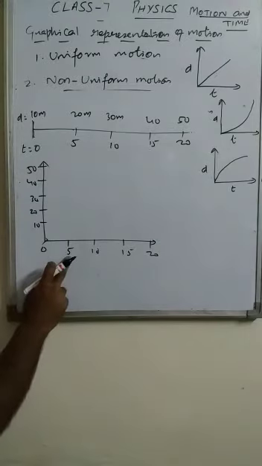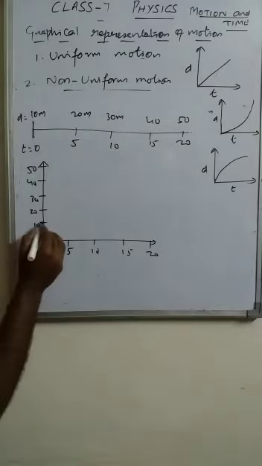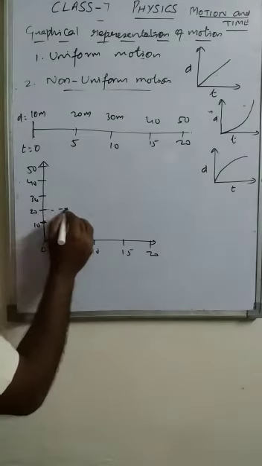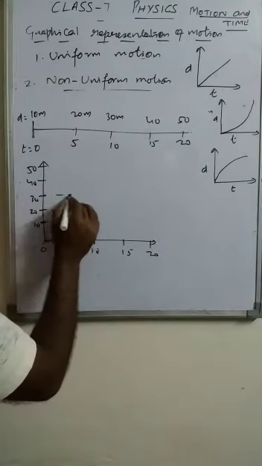At 0 second its position is 10. At 5 seconds its position is 20. At 10 seconds its position is 30.